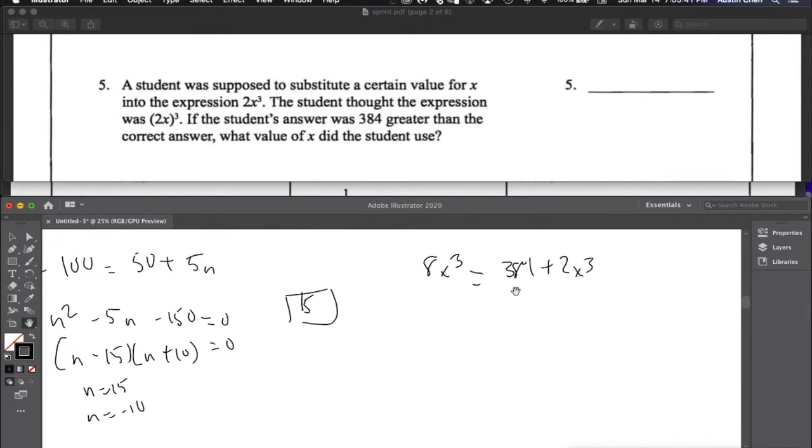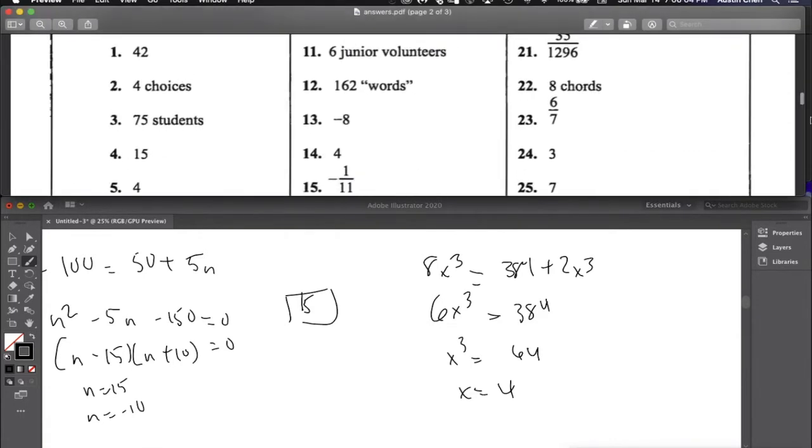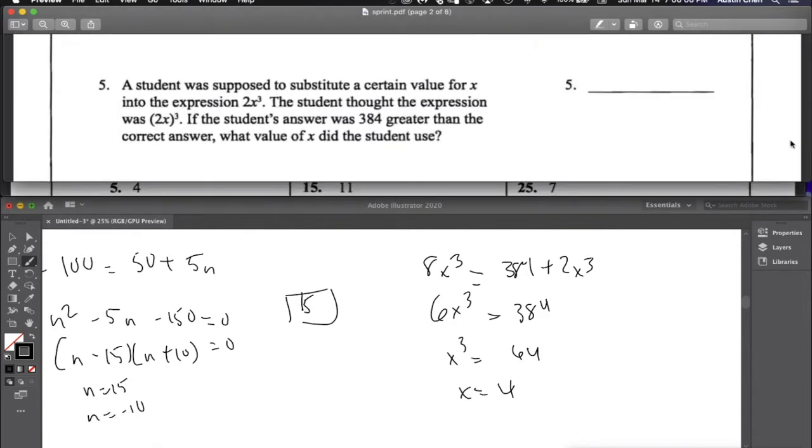And then this is just algebra and you solve it. 6x cubed equals 384, and then you divide by 6. It's going to be 64, and then the cube root of 64 is going to be 4, or negative 4? No, not negative 4. It's cubed, so it will be just 4. Yeah, and it is just 4.